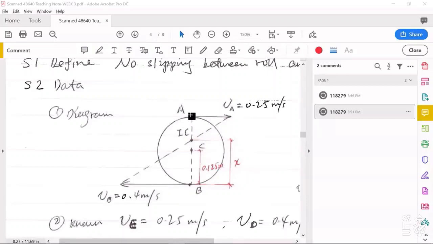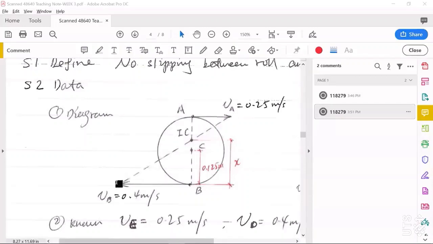So you can easily find this is the third case when we learned how to determine the location of IC. What we can do is connect point A and point B, connect the end points of VA and VB.